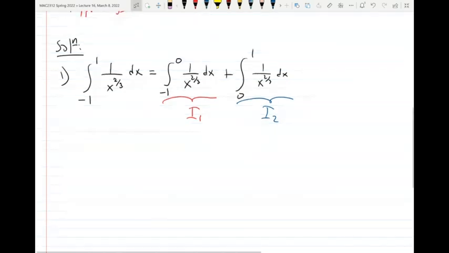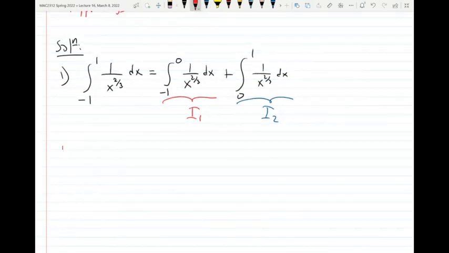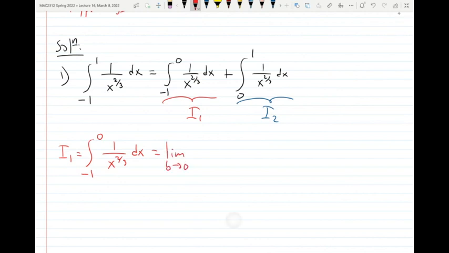So let's focus on I1. I1 is the integral from -1 to 0 of 1 over x to the 2/3 dx. The problem here is at 0, right? So this would be the limit as b approaches 0, this time from the left, because the problem is at the top.